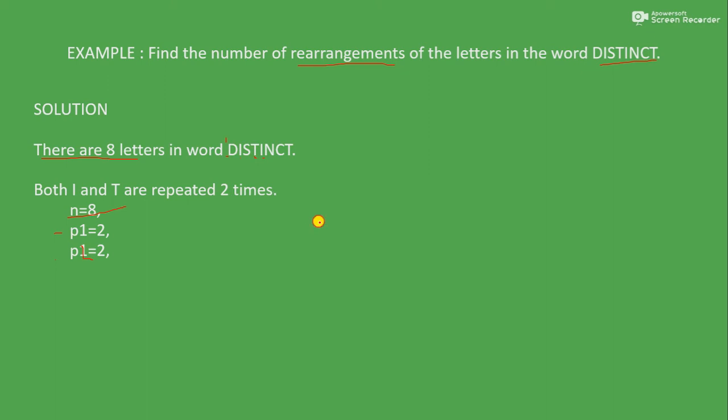Now we can use the formula n factorial divided by P1 factorial and P2 factorial, because P1 is I, which is repeating two times, and P2 is T, which is repeating two times.